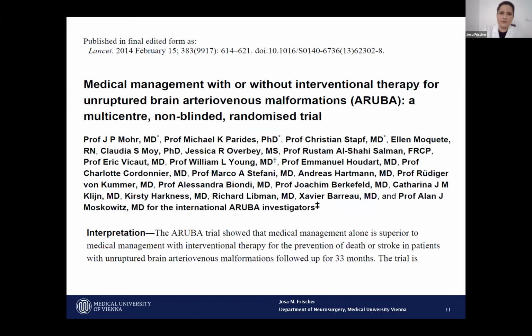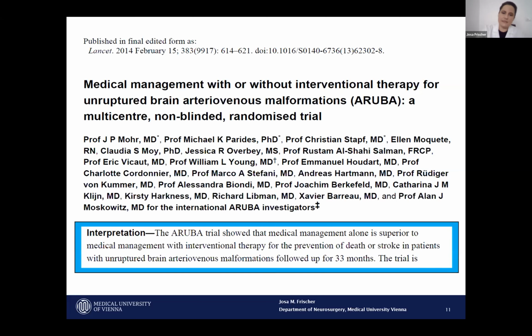Of course, if you know anything about AVM treatment, or if you have anything to do with AVM patients in your daily practice, you know that there has been severe and much criticism regarding this ARUBA study. However, it is still the only prospective randomized trial so far on unruptured brain AVM management. And they concluded that medical management is superior.